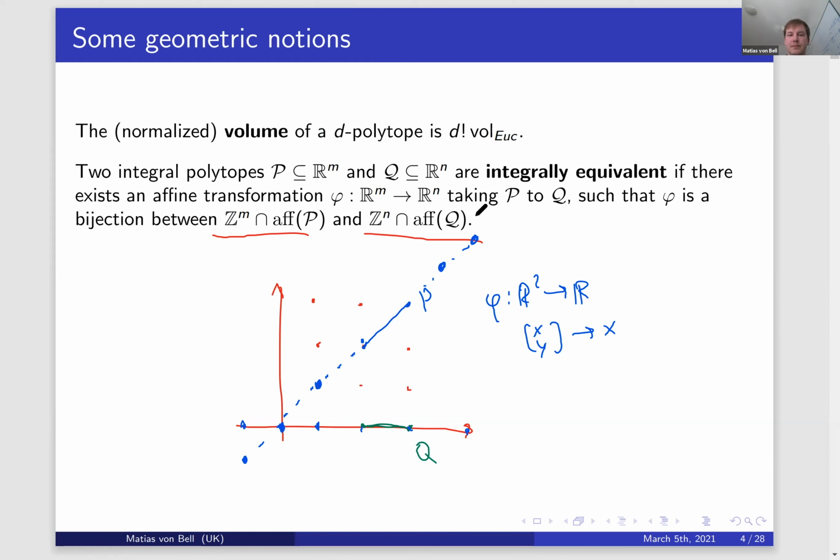So it's a useful transformation that preserves the normalized volume or volume of the polytope. For example, in this case, the normalized volume would be 1. In this case, the volume would be just the length.